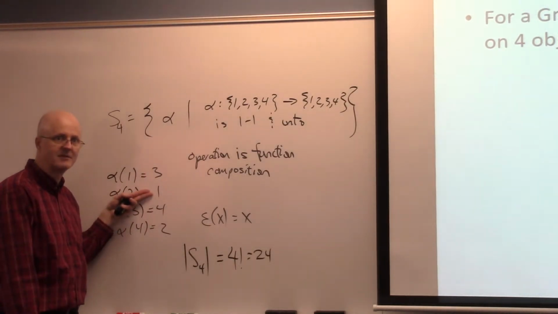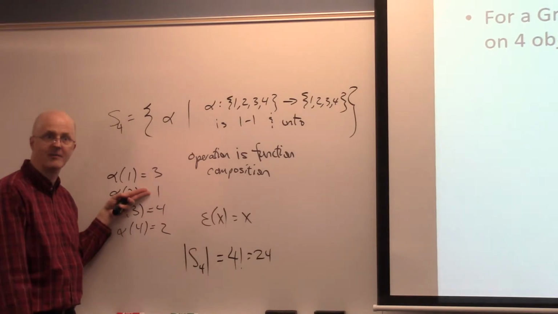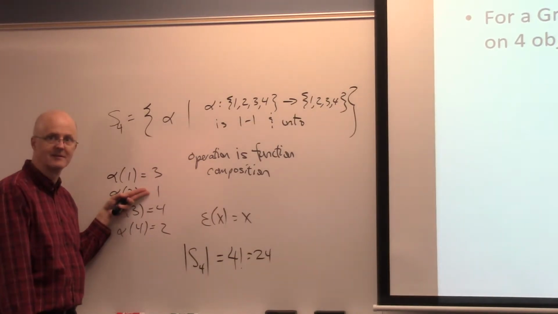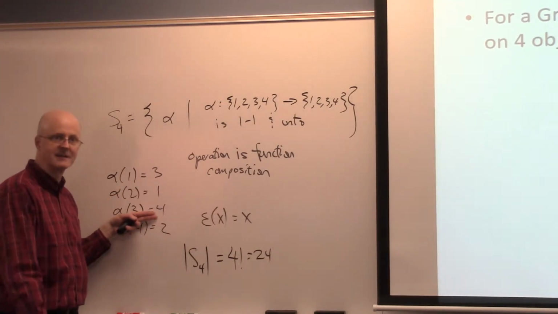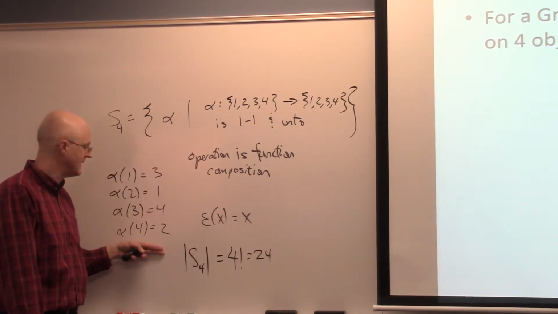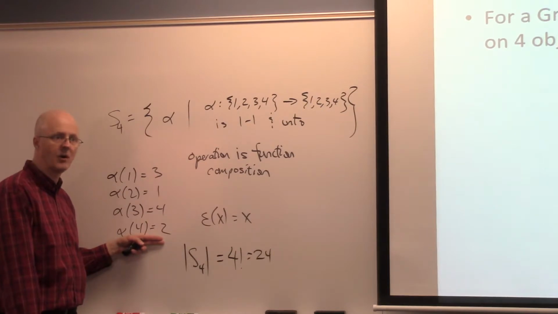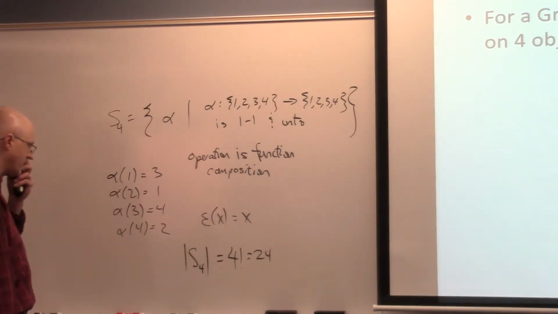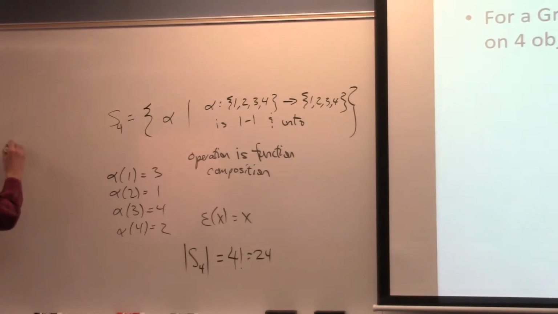For the second output, since this function's got to be 1-to-1, you have 3 choices left. For the third output, again, since the function has to be 1-to-1, you've got 2 choices left. And that means the last choice is fixed. We've got 1 choice for that one. 4 times 3 times 2 times 1. 24, 4 factorial possible outcomes. In general, the order of Sn is n factorial.